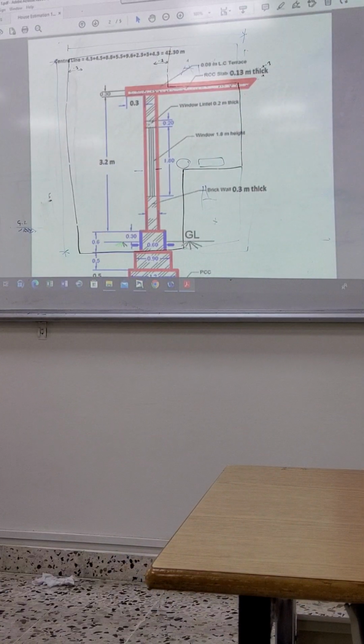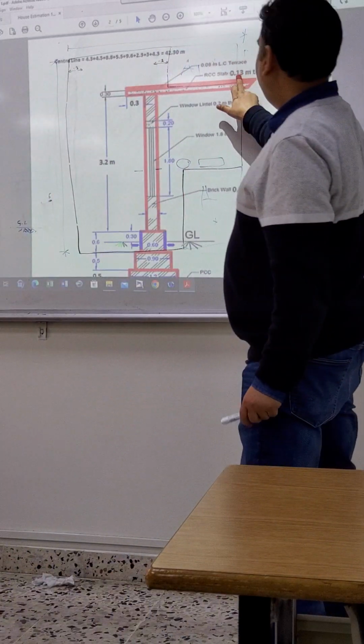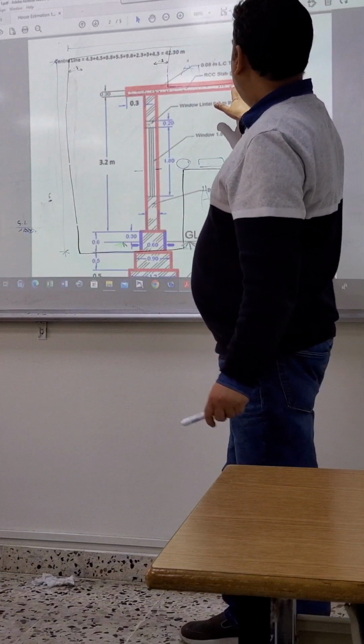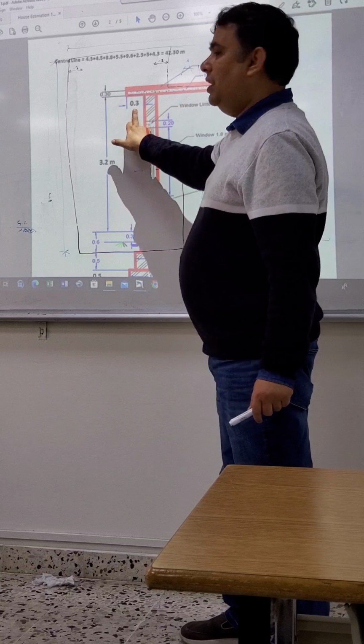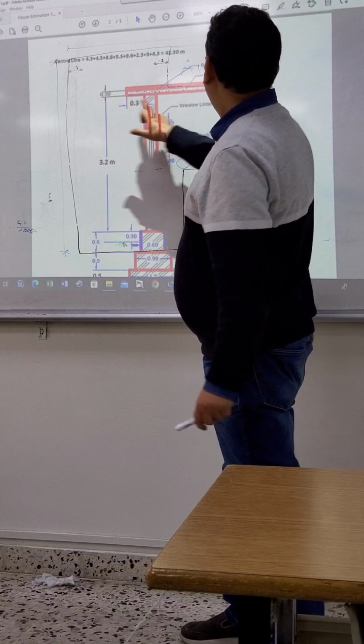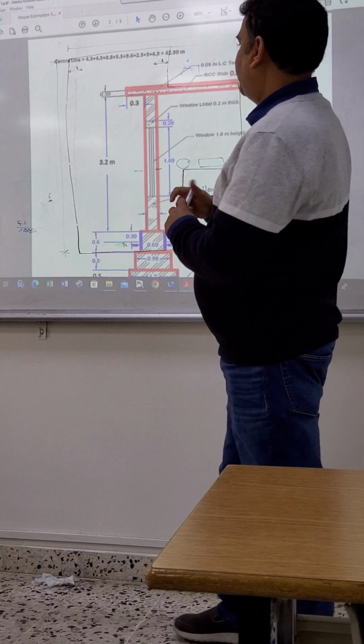So what's the 0.30? 0.3 is the projection from the wall. This projection? Yes, the projection. No, the other one. Multiply by 0.30. No, there is a mistake here.